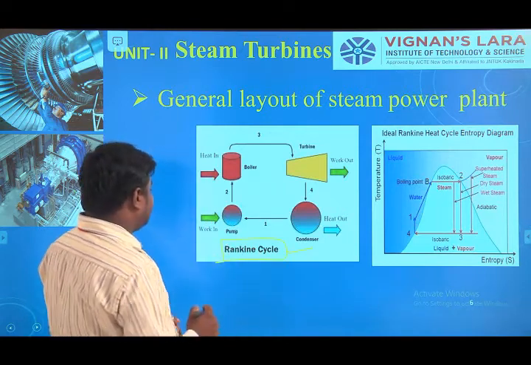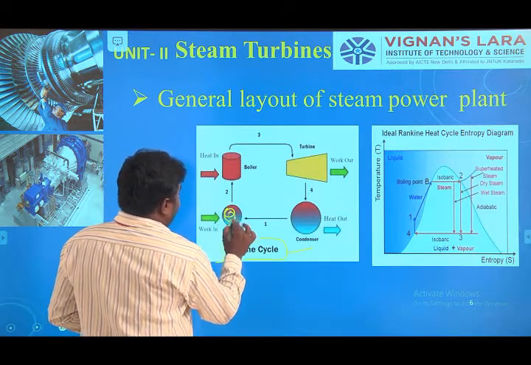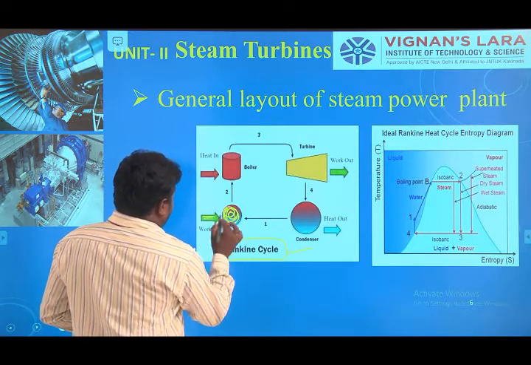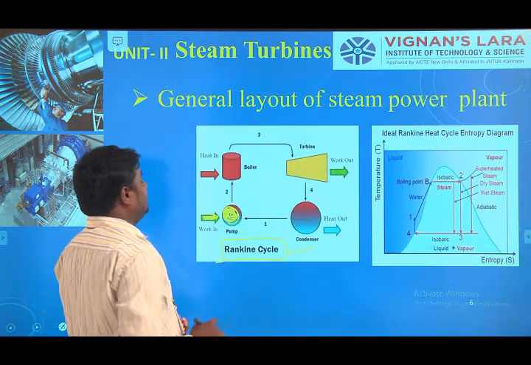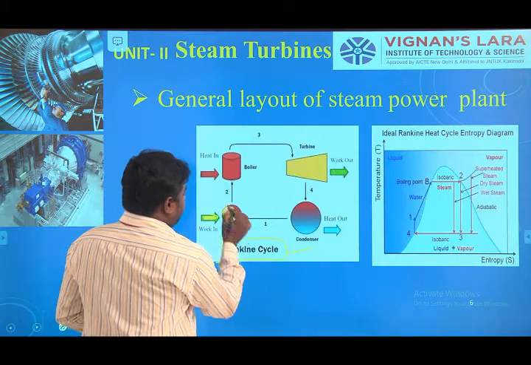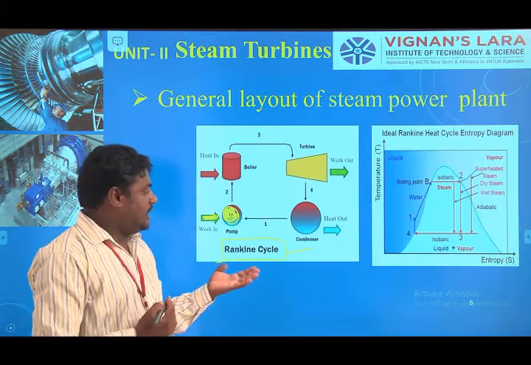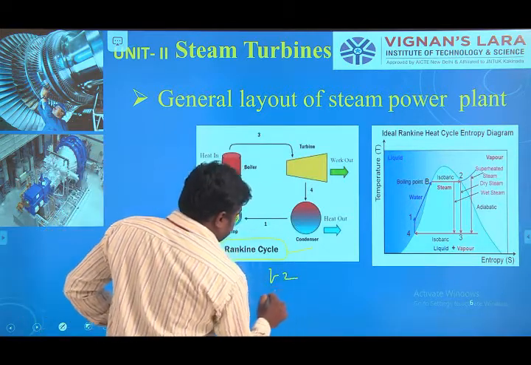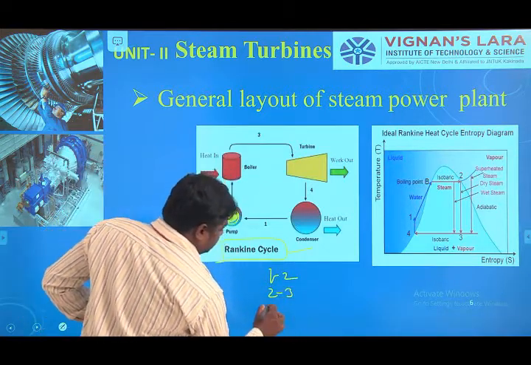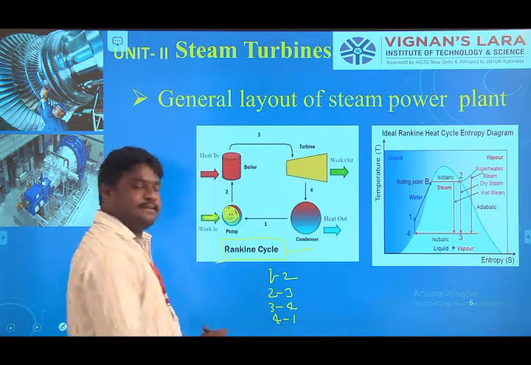Here this is the pump, and the work in. This is the 1 to 2 process. In the Rankine cycle we have 4 processes: 1 to 2 process, 2 to 3 process, 3 to 4 process, 4 to 1 process.